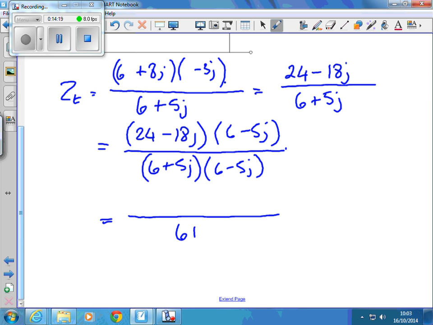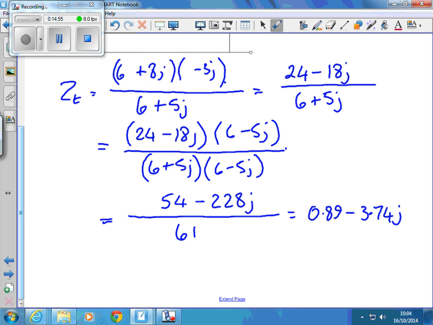So the top end, what does that multiply out to? Anyone got it in front of them? Everyone agree with that? And when you divide it out, what does it equal? 0.89 minus 3.74J.